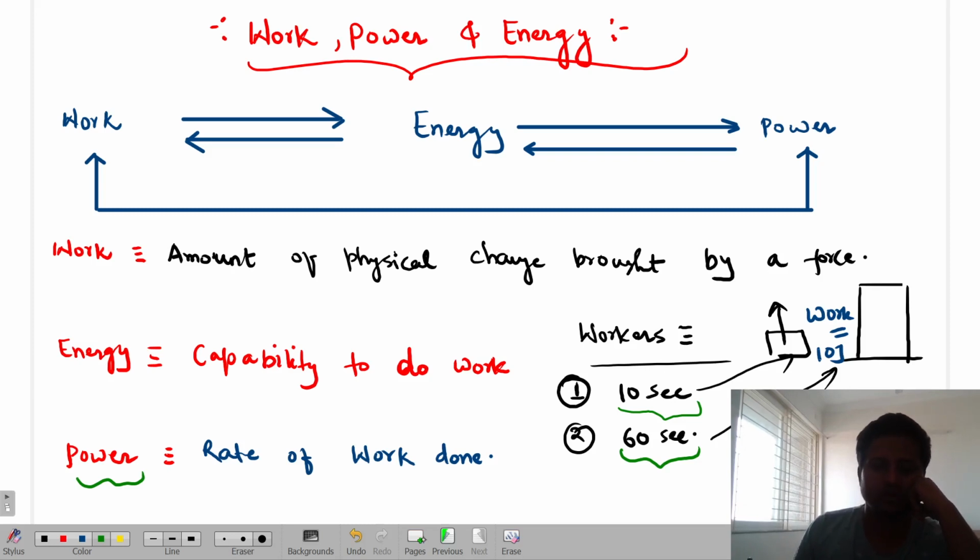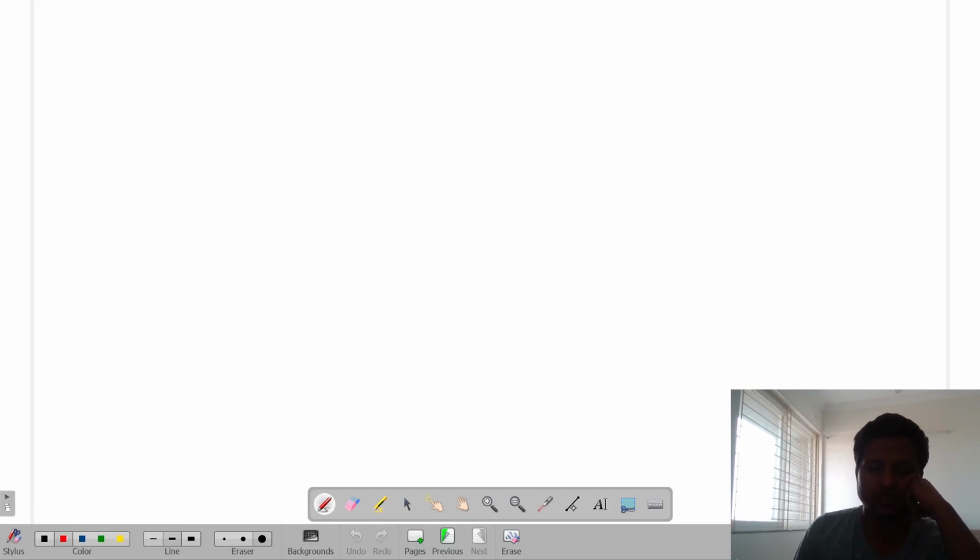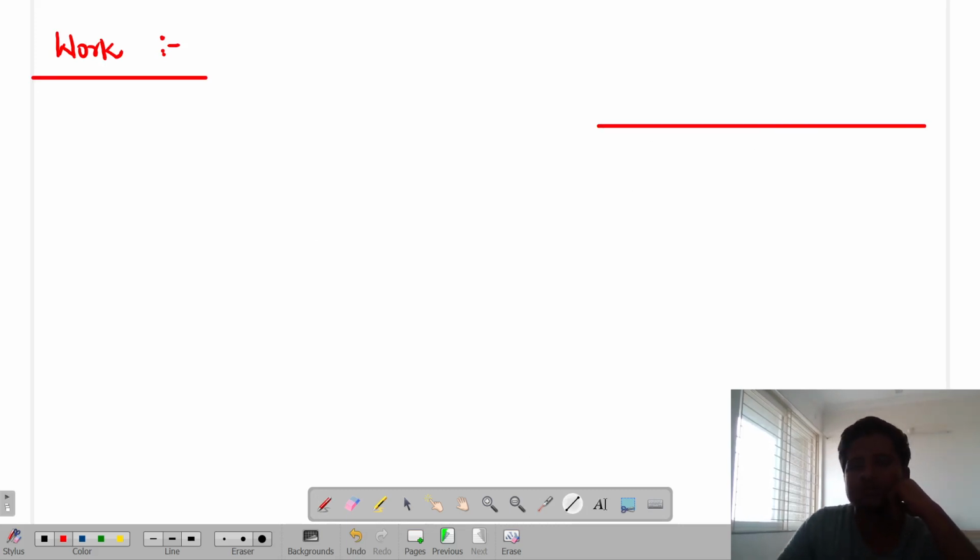Okay, so we'll try to visualize this. As we know, we are going to bring some physical change. Let us understand what is called work. Let's suppose there is a block of mass m. I place it on a ground, a smooth ground.